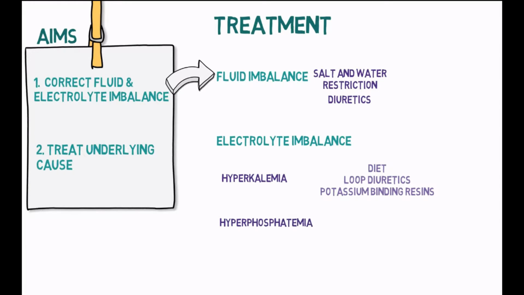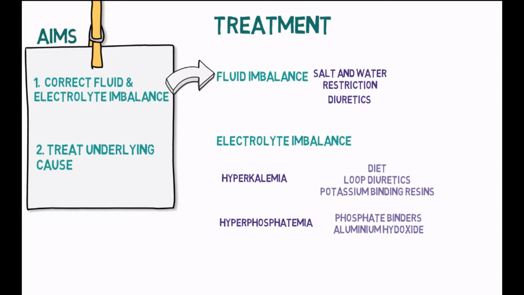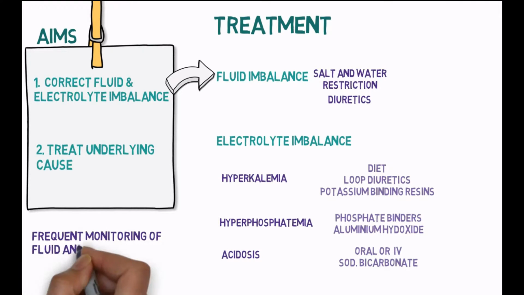Hyperphosphatemia is an important complication of ARF, which is managed by using phosphate binders like aluminum hydroxide, which decrease the absorption of phosphate through the gut. Acidosis, if severe, can be managed by oral or IV sodium bicarbonate. Also, frequent monitoring of fluid and electrolyte levels of the body is required.